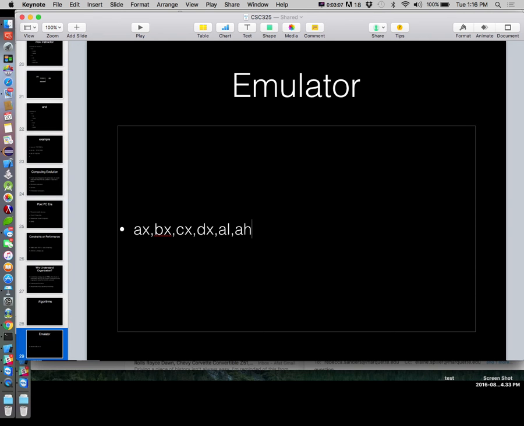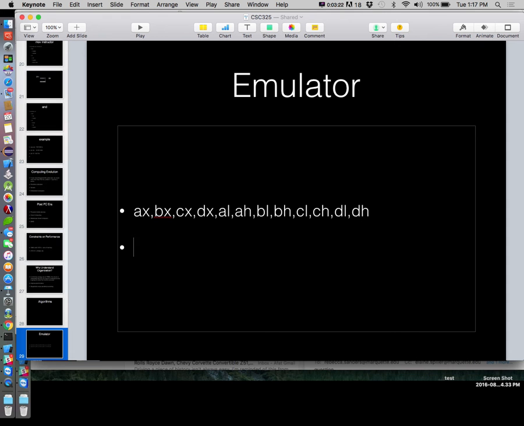AL, AH, BL, BH, so on and so forth. Okay, so then we have a whole bunch of flags, right? CL, CH, DL, DH. So those are our registers, and there's actually a couple more beyond that, general purpose registers, so let's leave it at that.